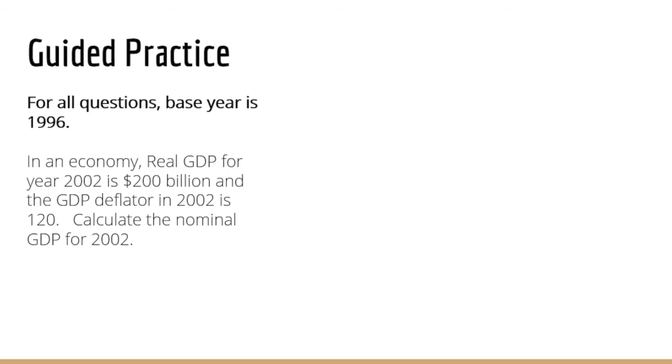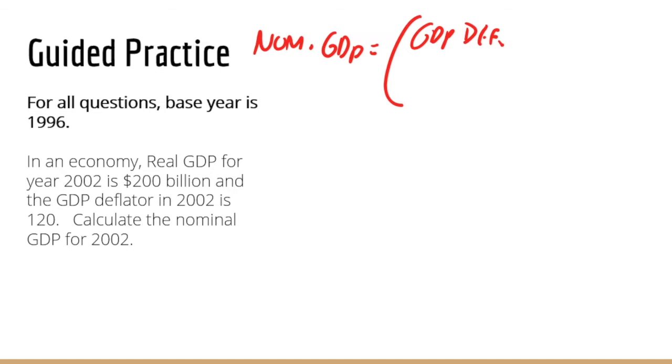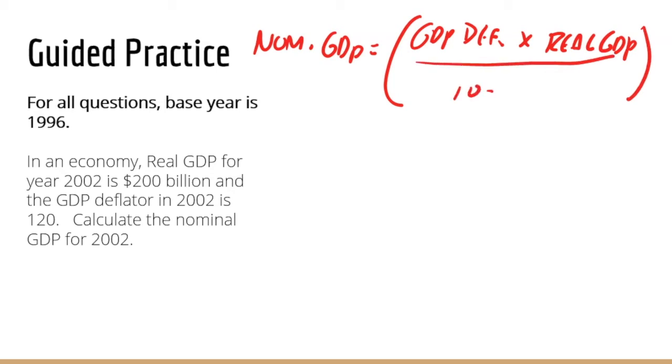All right, so let's go over this. Here, we're going to have to use the reworded equation to make it a little bit easier. So our nominal GDP is going to equal our GDP deflator, let me, for sake of space, abbreviate it, times our real GDP, divided by 100.